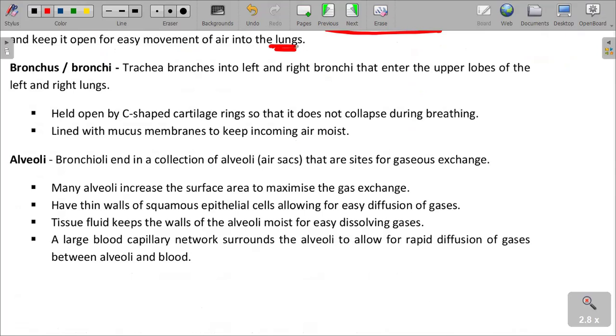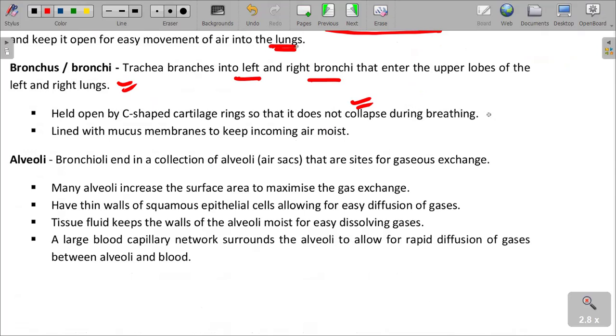The bronchi or bronchus: the trachea branches into left and right bronchi that enter the upper lobes of the right and left lungs. What happens there? One thing we need to understand is that it is held open by C cartilage rings so that it does not collapse during breathing.